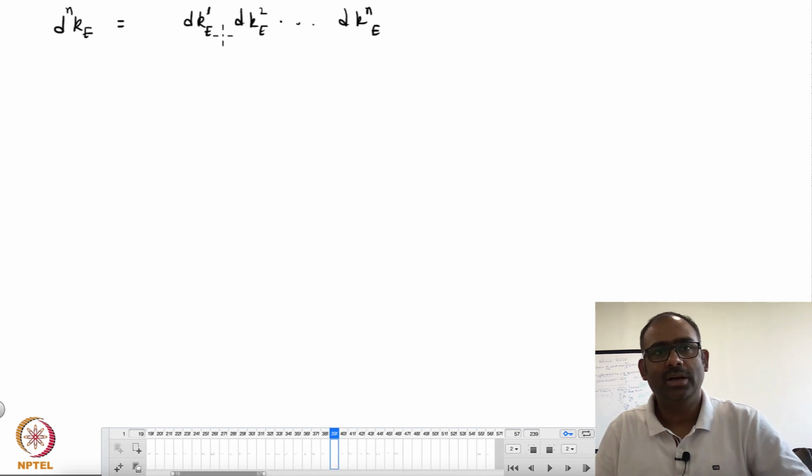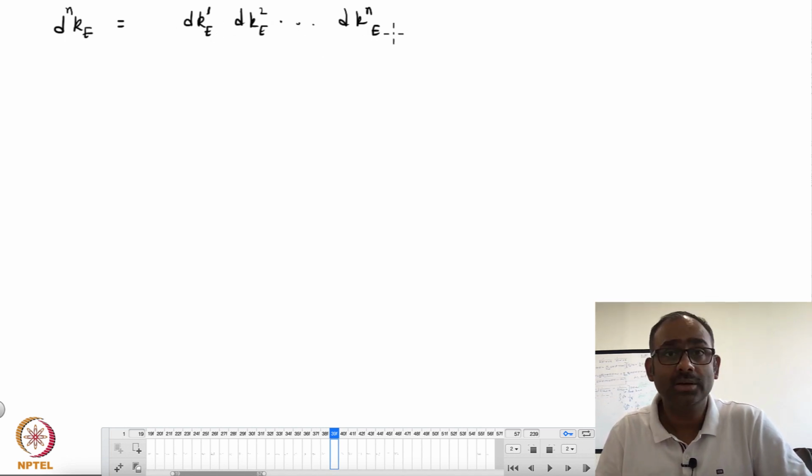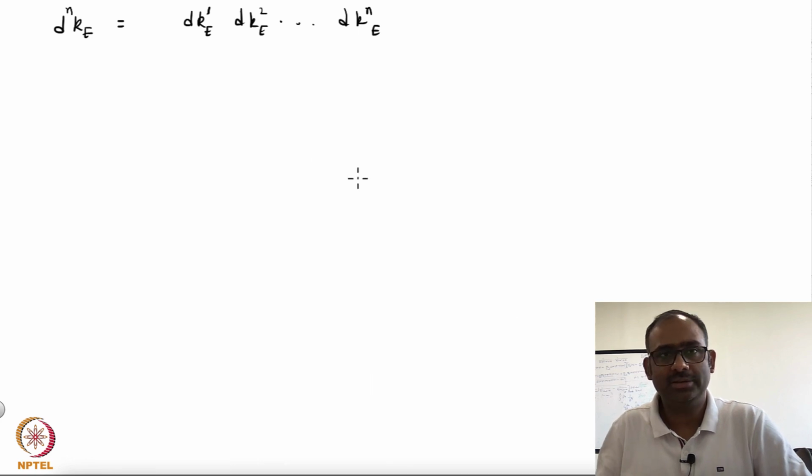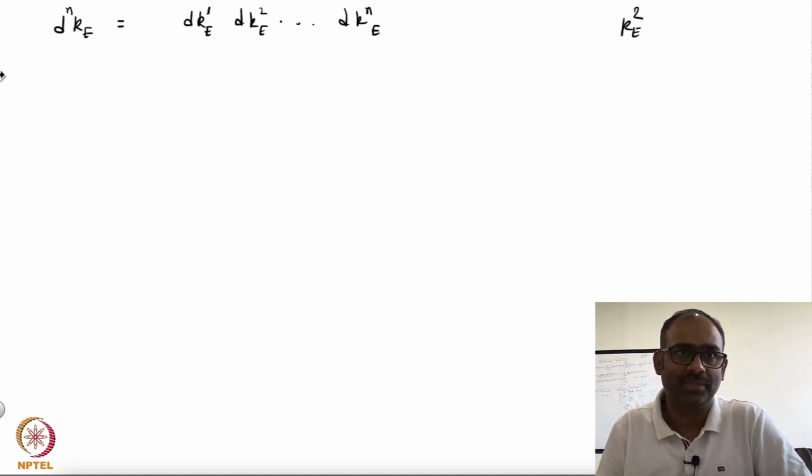So you have n variables, k_E1, k_E2, and so forth up to k_En. And we want to use spherical coordinates, because most of these integrals have no dependence on angle, they only care about the magnitude of k.